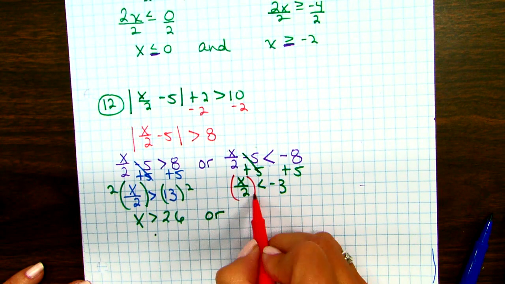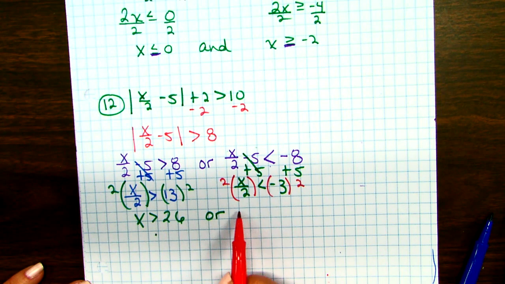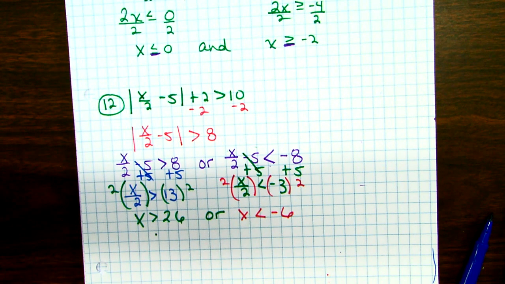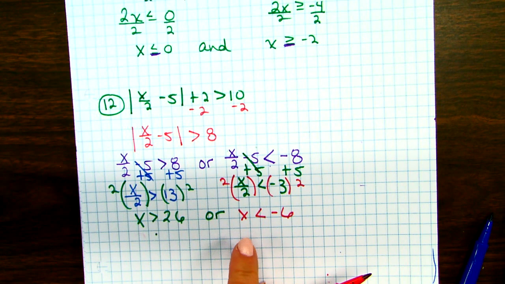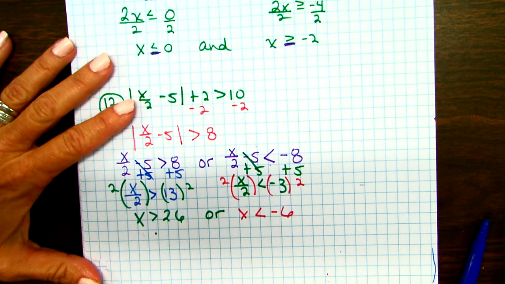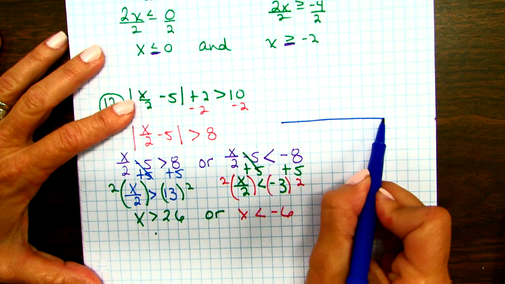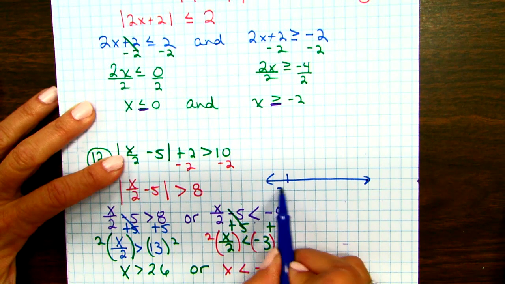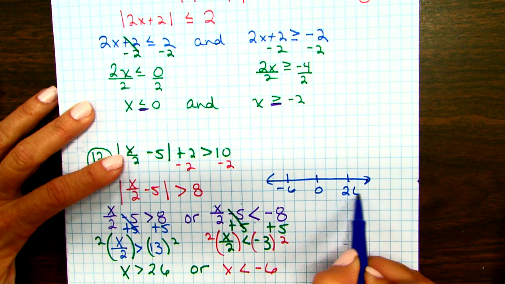Opposite of division is multiplication. X is less than negative 6. So our answers, x's, can be greater than 26 or less than negative 6. So negative 6 would be to the left of 0 and positive 26 would be to the right.